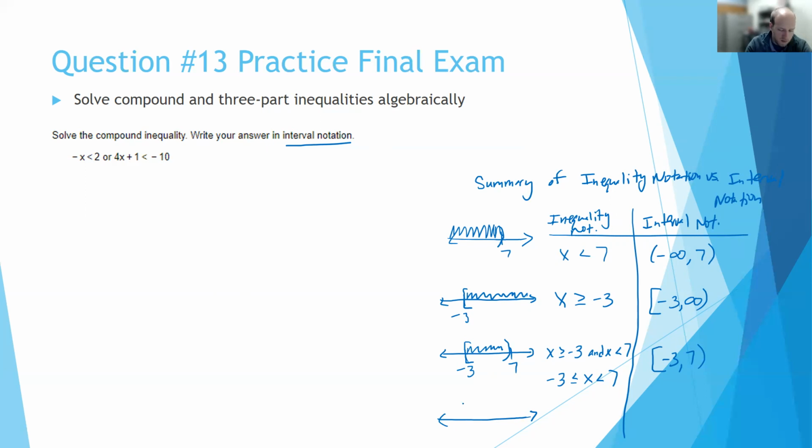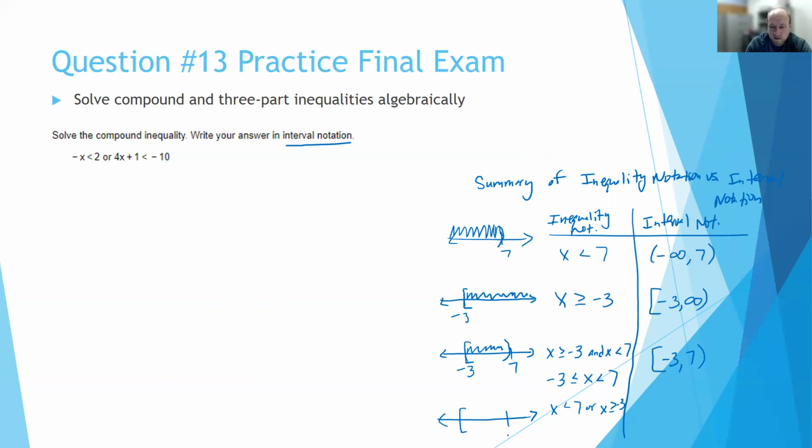And then let's do one more. Say I have the same situation, but this is an or statement. Sometimes I might give you this to start. So it's x is less than 7 or x is greater than or equal to -3. Well, because of the or, it doesn't have to include everything in both.